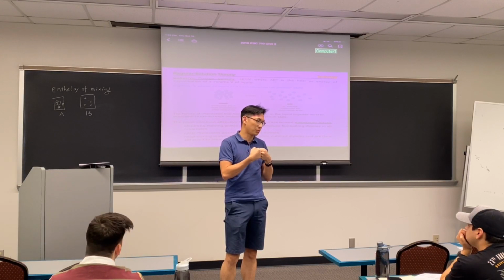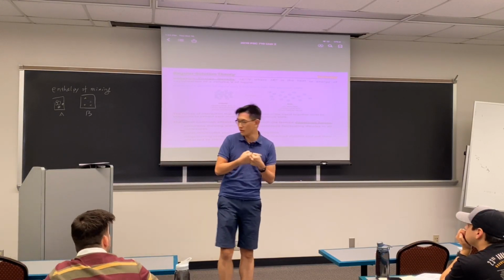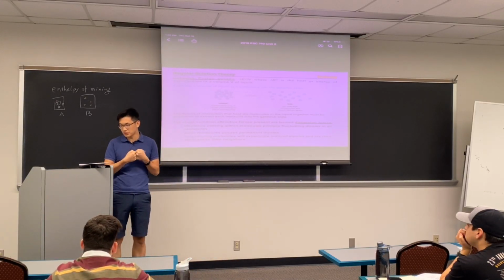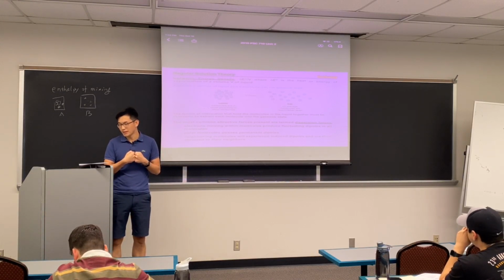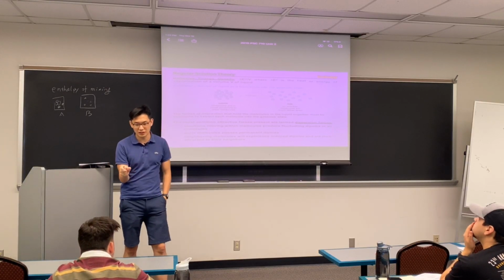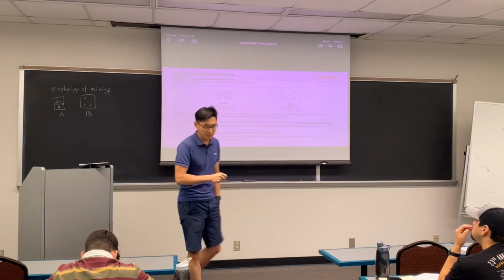The energy cost to pull them apart is basically the intermolecular interaction force. We can define a parameter that tells you the interaction force you would have in these two cases.